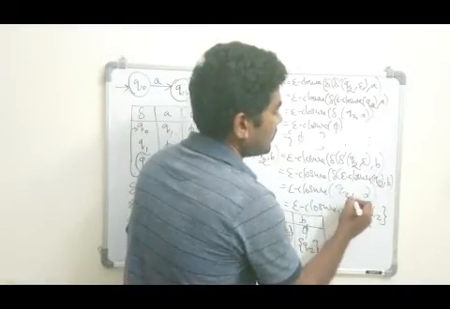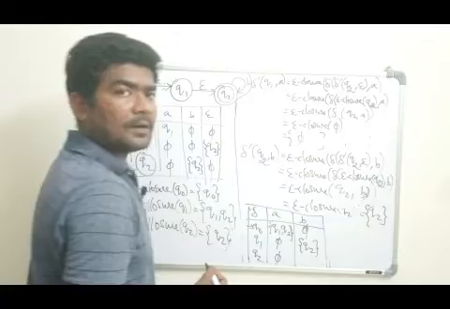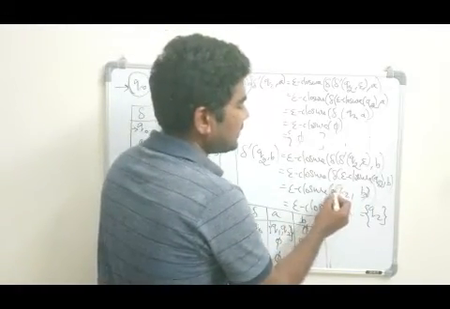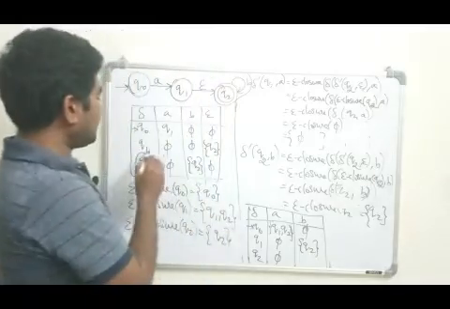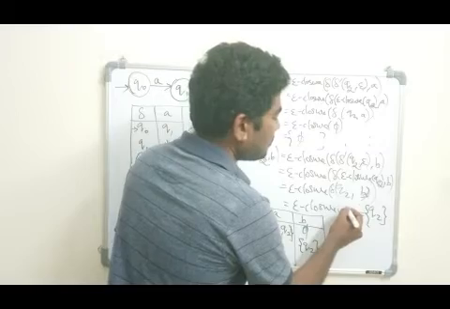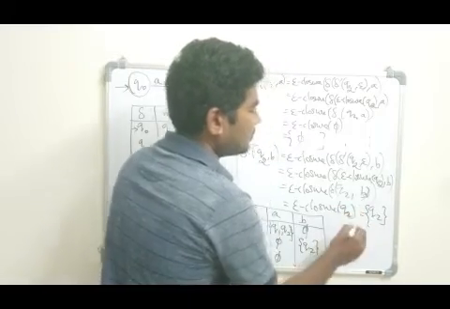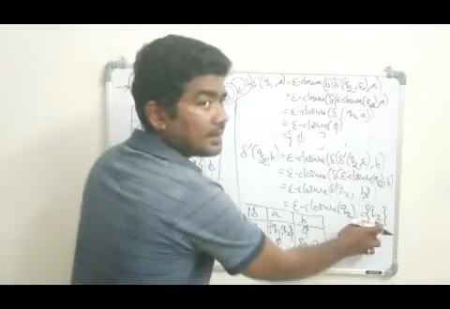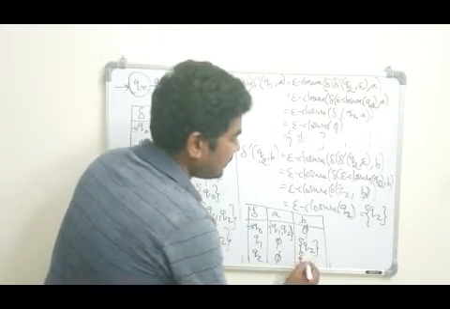So Q2 comma B we have found. Now delta transition of Q2 comma B is Q2 again. So now epsilon closure of Q2 is Q2 again. So we will get an answer of Q2.